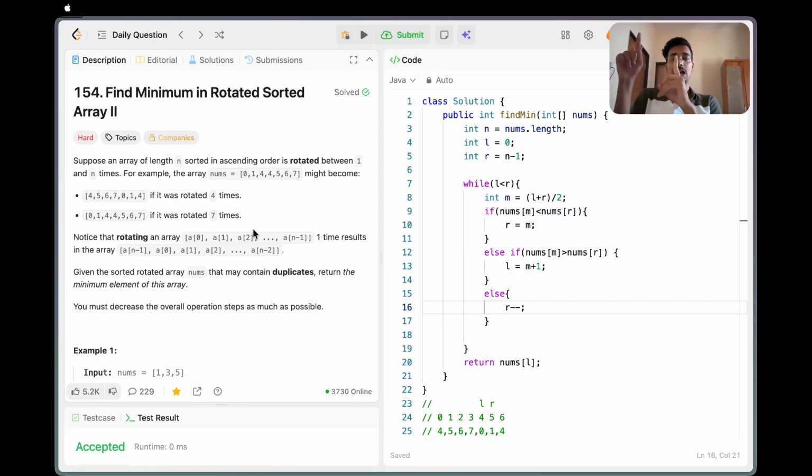That's why I shift the R pointer to this particular mid, in line number 10.